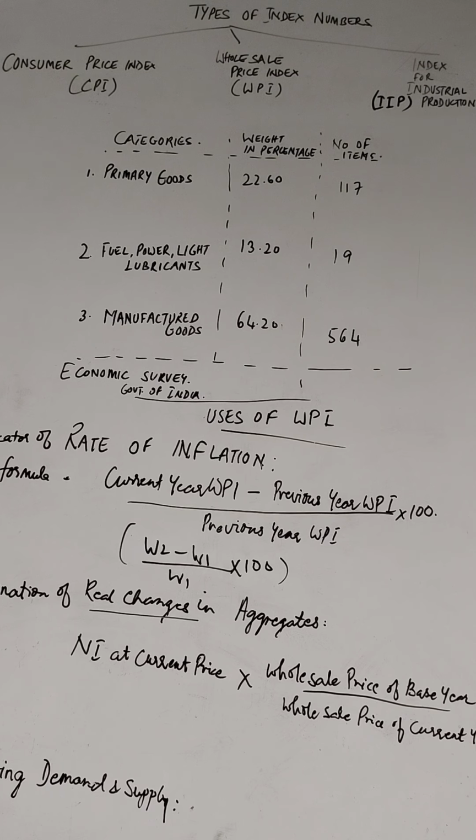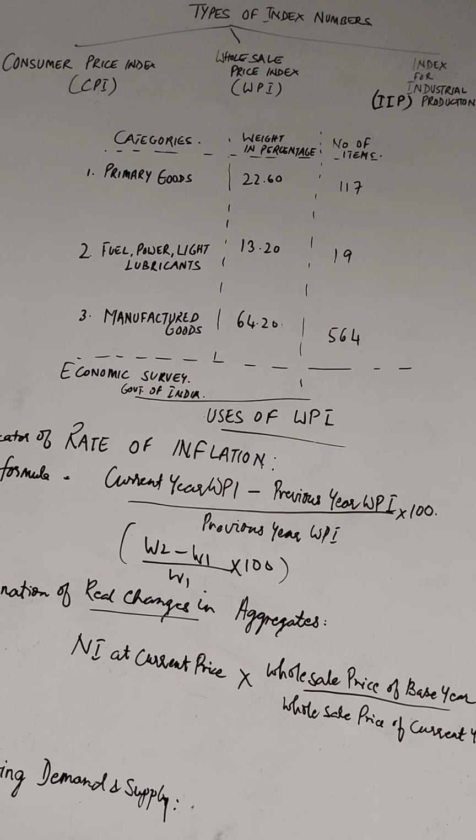So to wrap it up, what is the wholesale price index? It is that index which represents the general change in the prices of commodities. Here in India we construct it on a weekly basis. We have the primary group, the second is fuel, power, light and lubricants, and the third group is manufacturing.